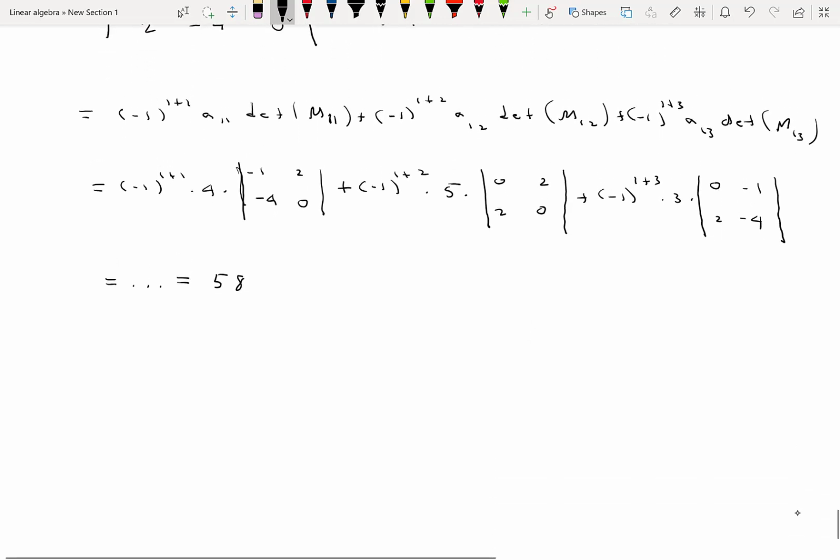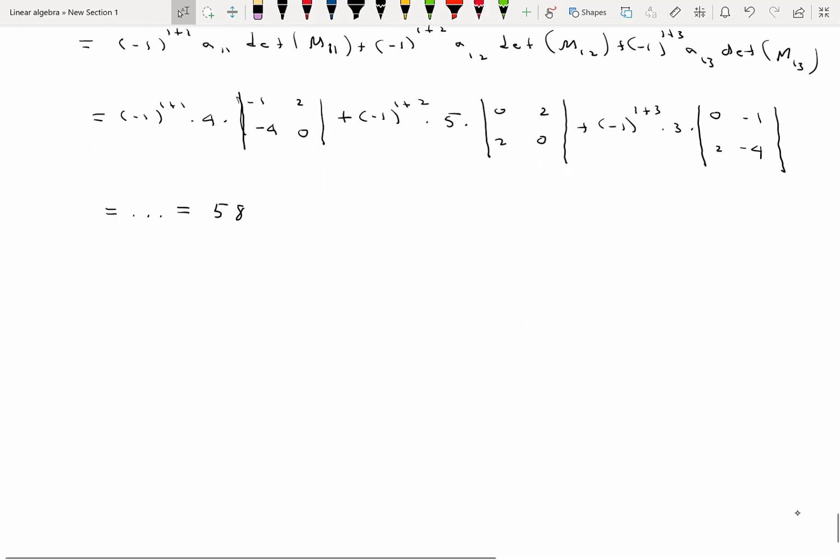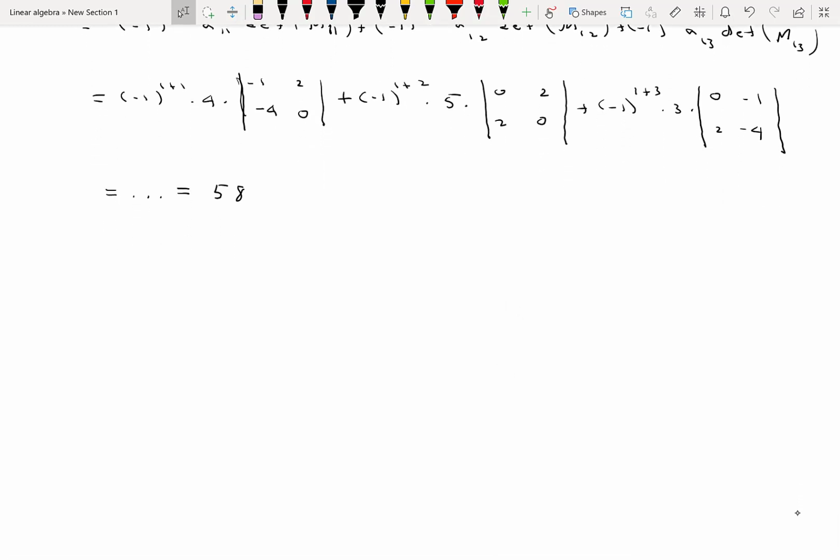Okay, let's polish up this definition even a little more. I want to make this definition of the expansion about the first row even easier on the eyes. So here's that expansion again.